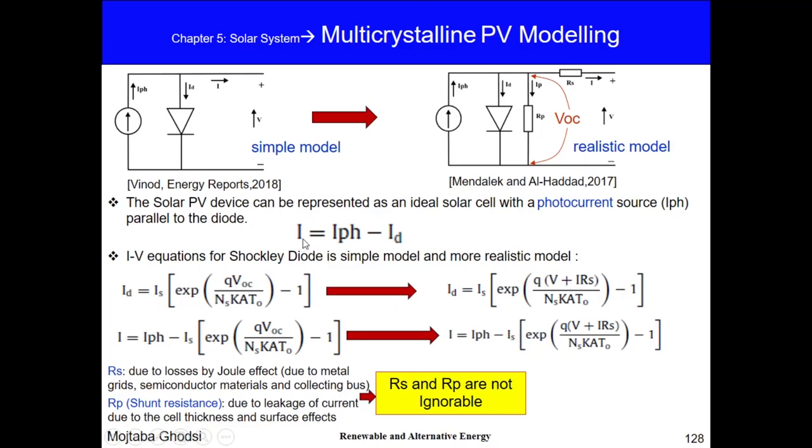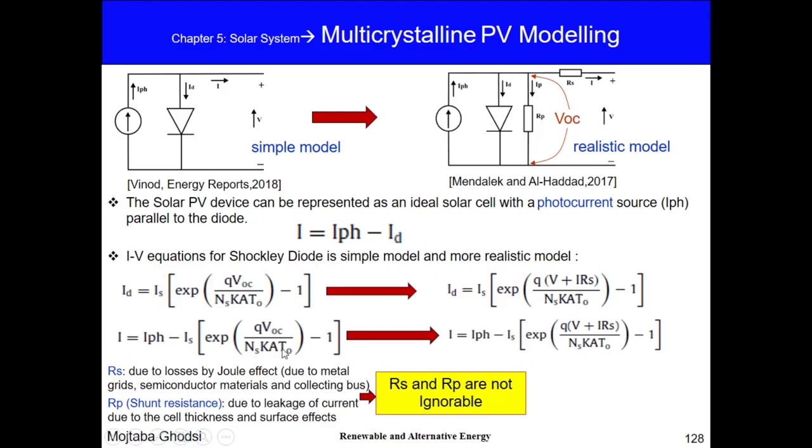Then if we substitute ID in this equation, we can write I is equal to IPH minus IS times exponential of QVOC divided by NS K A T0, minus 1.